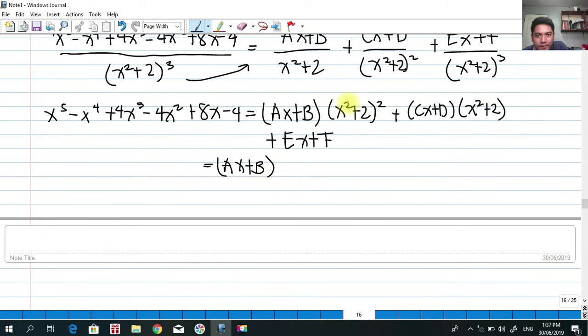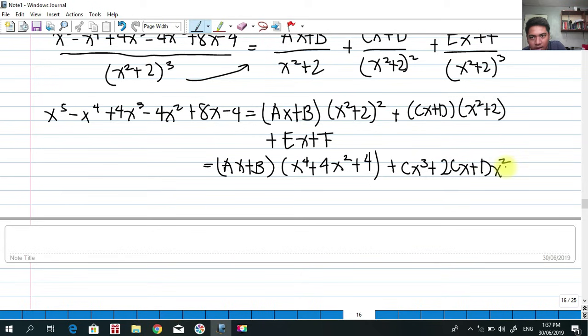Let's evaluate this. x raised to 4 plus 2 times x squared, 2x squared times 2 plus 4x squared. x raised to 2, that is 2 raised to 2, is equivalent to 4. Let's multiply this by foil. If we foil this first, cx cubed outer, plus 2cx inner, plus dx squared, and last plus 2d, again plus ex plus f.